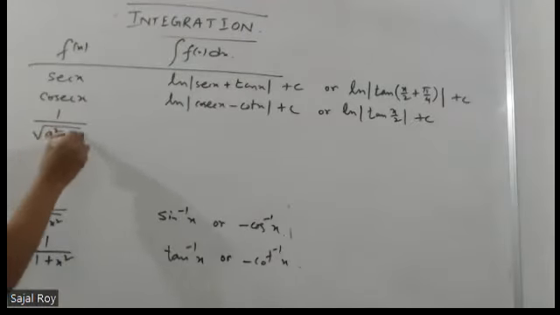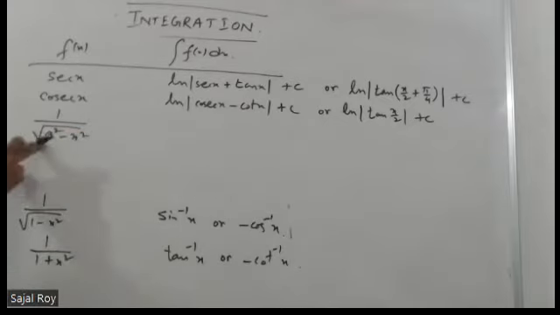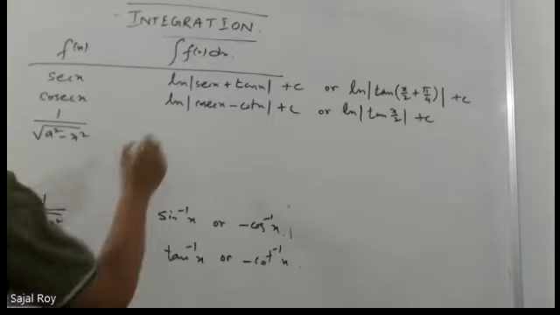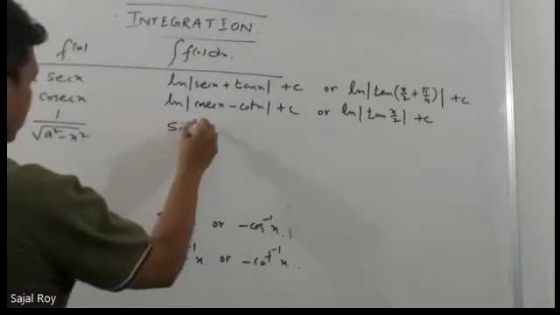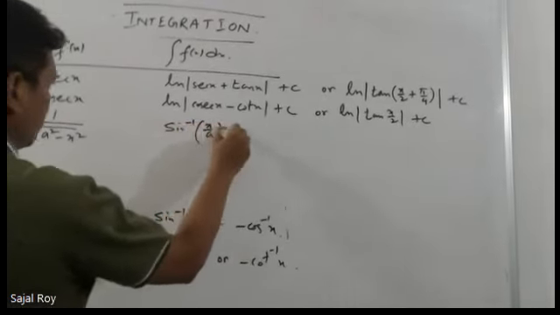You have some standard integration. These are all standard integral results you can use for this type of functions. So writing this function as 1 by root over a square minus x square, that is sin inverse x by a plus c.